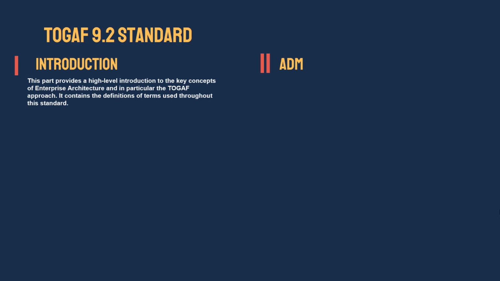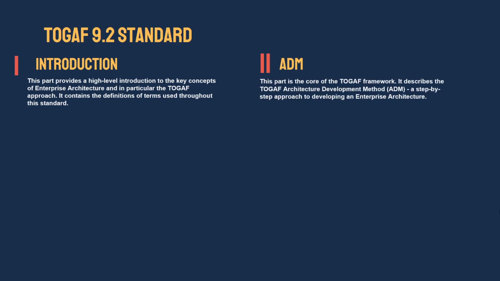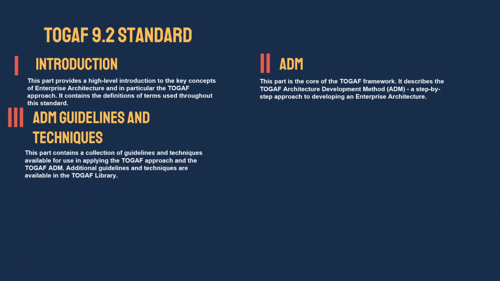It describes the TOGAF Architecture Development Method, ADM, a step-by-step approach to developing an enterprise architecture. 3. ADM Guidelines and Techniques. This part contains a collection of guidelines and techniques available for use in applying the TOGAF approach and the TOGAF ADM. Additional guidelines and techniques are available in the TOGAF library.